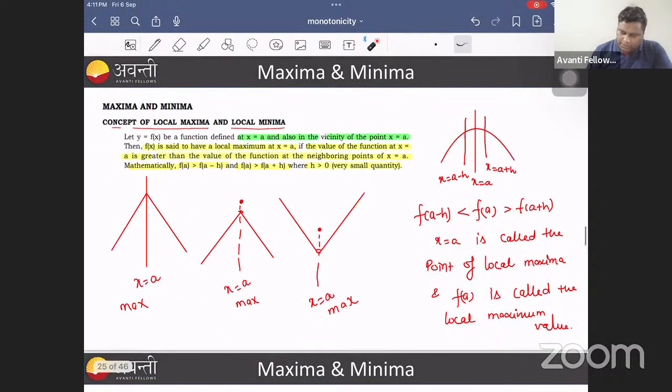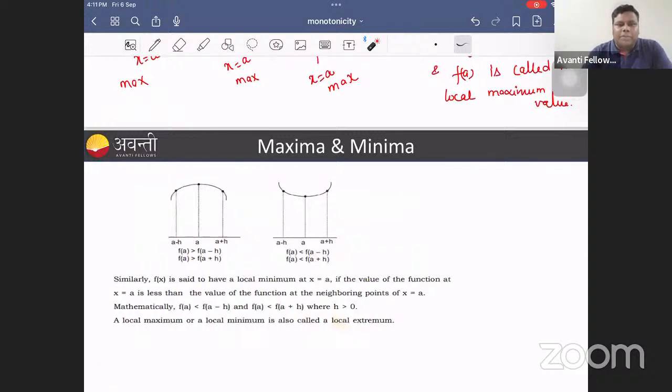All right. Now, similarly, it goes for minima. The value at x equals a is lesser than both its neighbors. Like the graph of the function is like this. This is x equals a, this is x equals a plus h, and this is x equals a minus h.